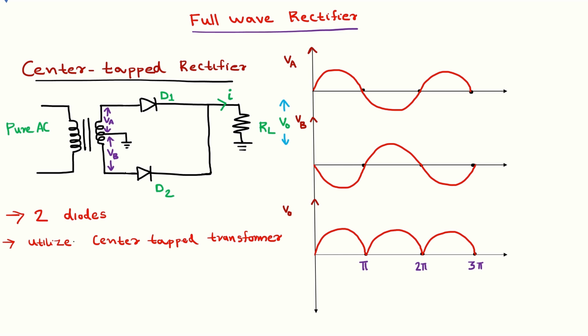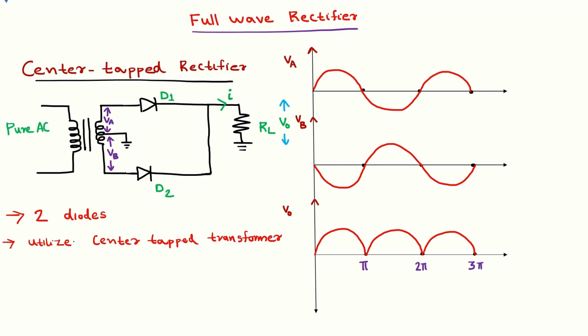Look at this diagram: the secondary winding of a center tapped transformer has two halves, and the midpoint of these two halves is grounded, that is zero potential. The voltage across one half is indicated by VA, and the voltage across the second half by VB.